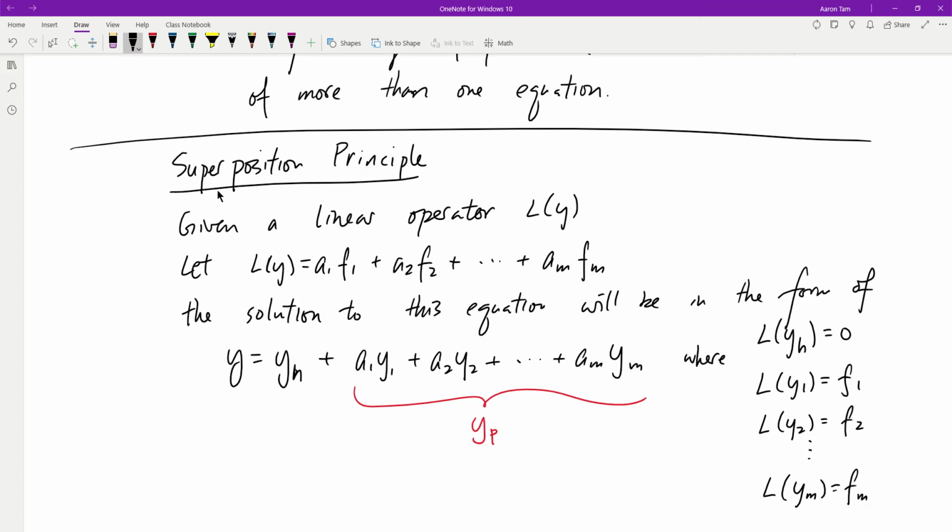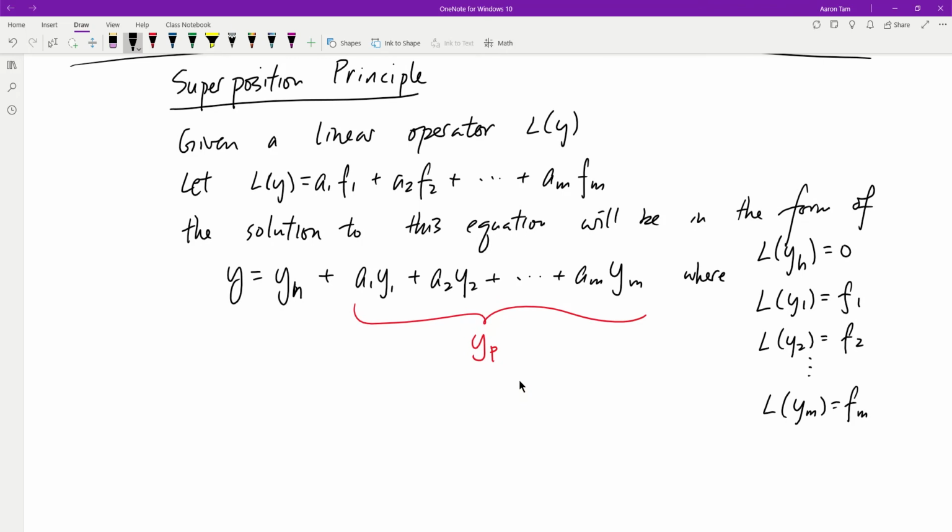So this superposition principle allows us to further break down our solution into the homogeneous part as well as a particular part that can be formed by multiple functions. And with the superposition principle along with our homogeneous solution, we can fairly accurately predict how many terms the solution should have. We'll talk about that when we get to an example.